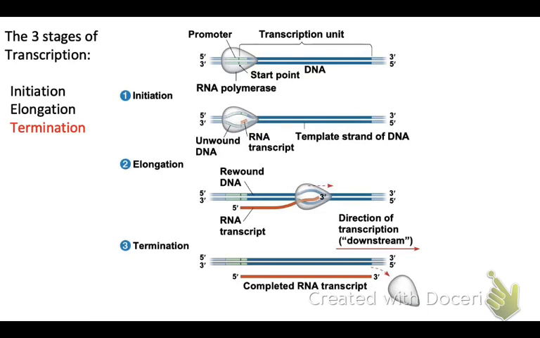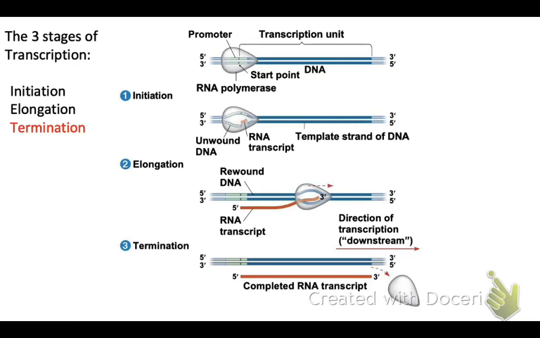Once the RNA polymerase gets to the end of the transcription unit, it reaches what's called a terminator sequence. Termination in bacteria and eukaryotes work on different mechanisms. In bacteria is where you would see a terminator sequence.